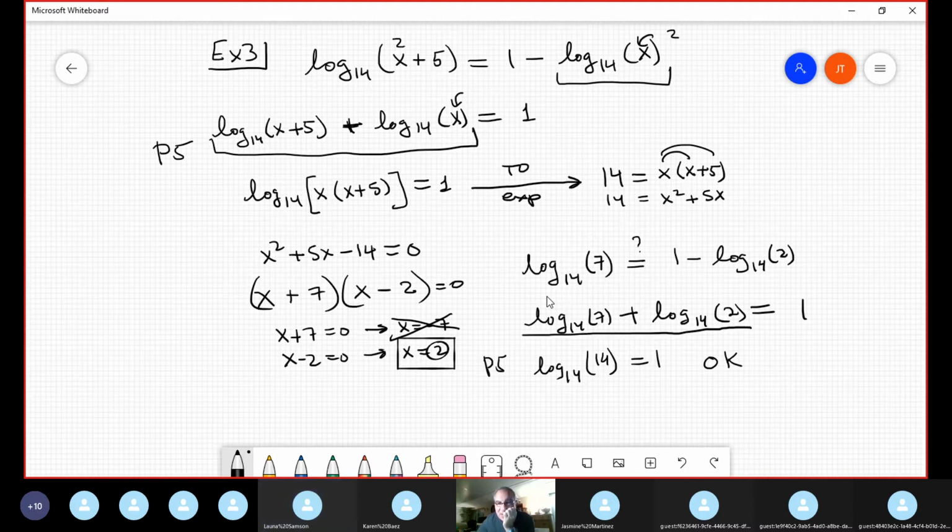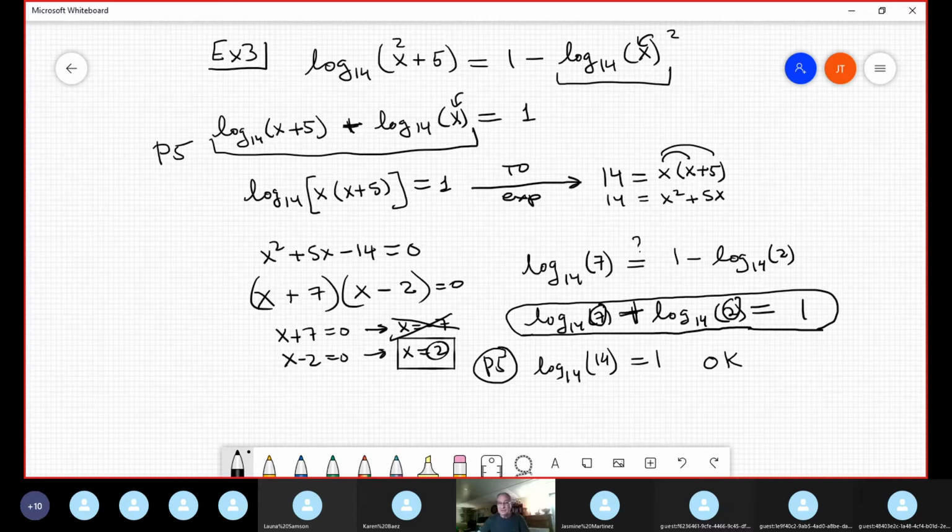You asked me about that part, I suppose? Yes, exactly. Okay, you have two logarithms with the same base 14. The property number 5 says that when you have two logarithms, we can condense them into only one. When it's plus, you multiply this number and this number. 7 times 2 is 14. So you condense two logarithms into only one.